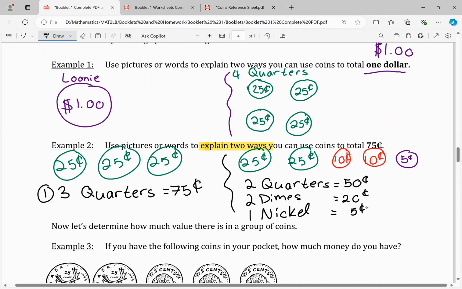I've been doing a lot of math in my head, but you should have a calculator next to you at all times, especially if you're struggling with this work. So 2 quarters is 50 cents, 2 dimes is 20 cents, 1 nickel is 5 cents. Adding that up all together, we have 75 cents. Okay, make sure you're practicing with this.